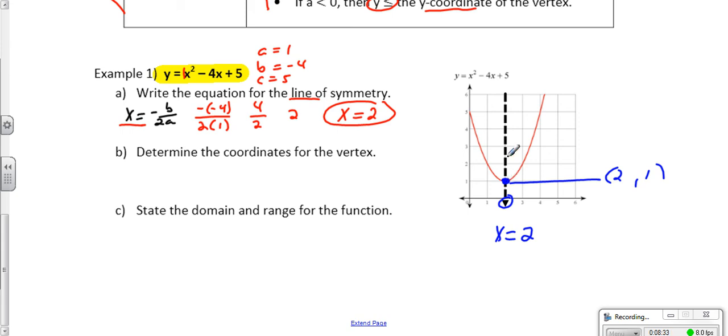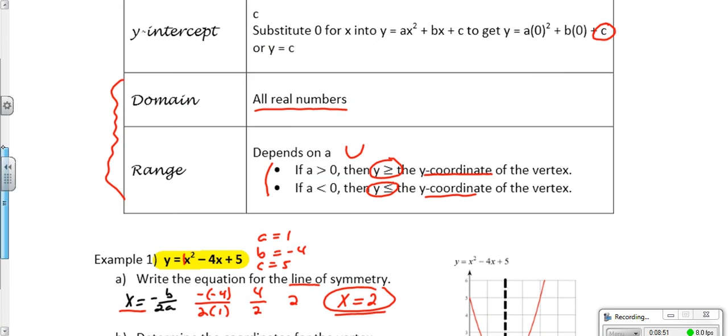In other words, the vertex is on the line of symmetry, which means automatically, if we know that the line of symmetry is at 2, then our x-coordinate of the vertex is 2. That's what's stated up here.